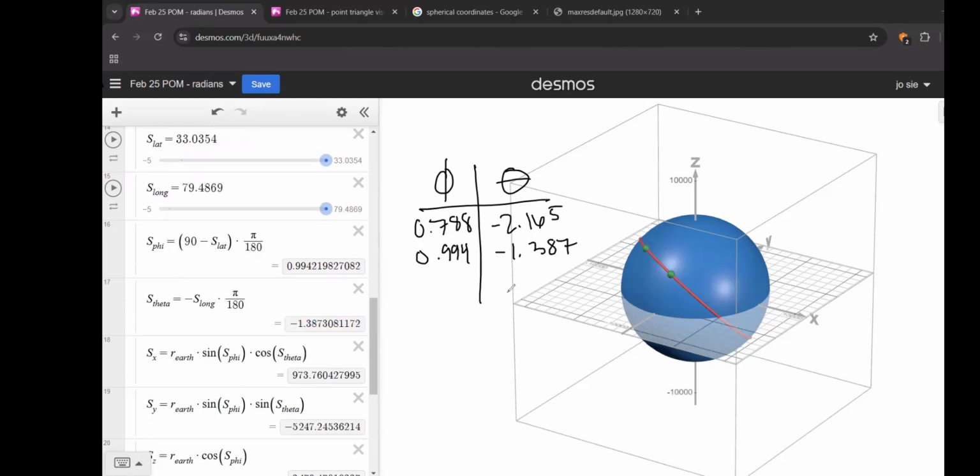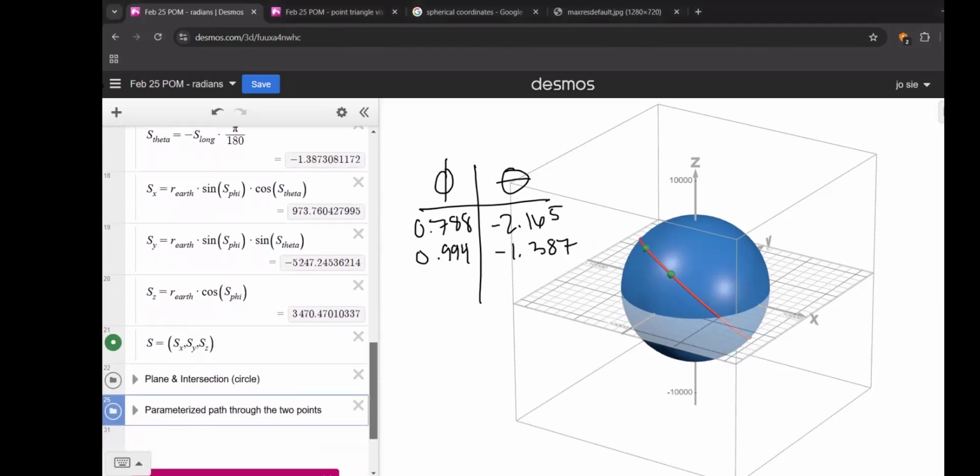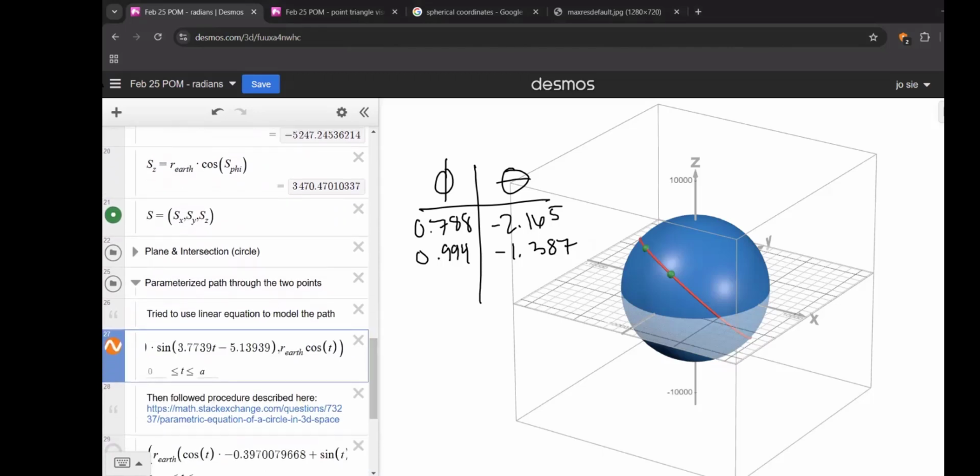And I thought, okay, one way that I can relate two pairs of numbers is this looks a lot like having 2 points. And if I have 2 points, I can always make a line. So I went ahead and just used the normal line formula, y equals mx plus b. I found slope and my y-intercept, and I was able to create a relationship between theta and phi.